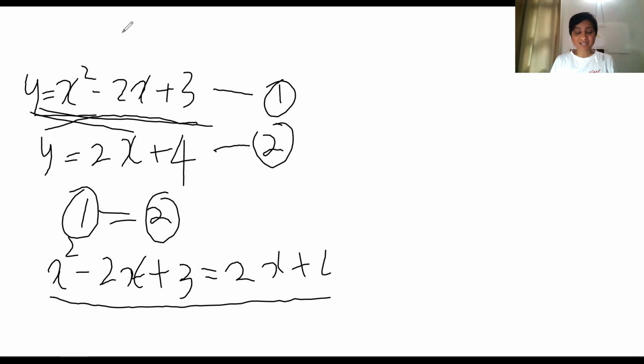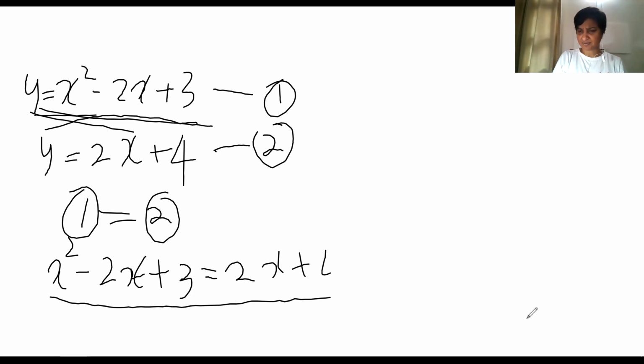The discriminant of that equation can tell you whether you're going to get two solutions, one solution, or no solutions. If the discriminant is positive, there are two solutions. If the discriminant is 0, there is one solution.